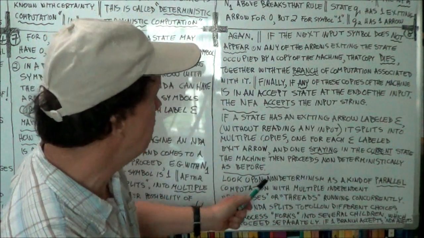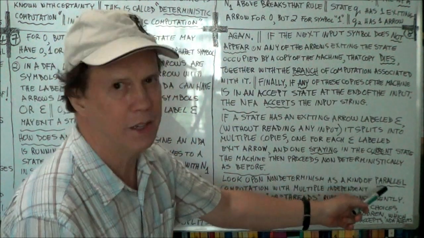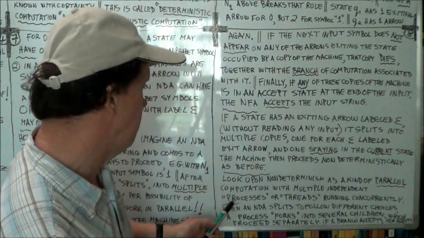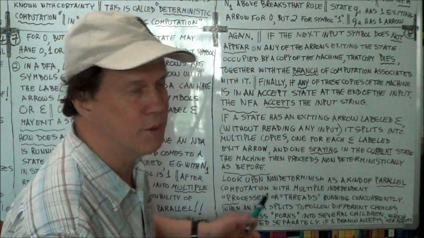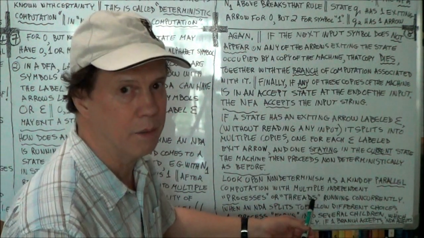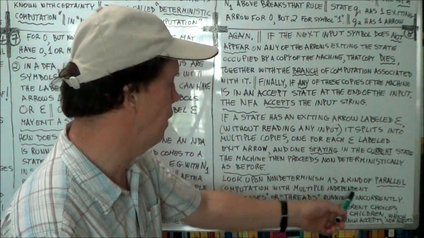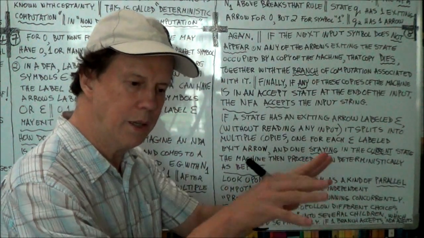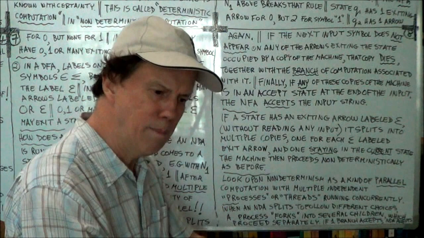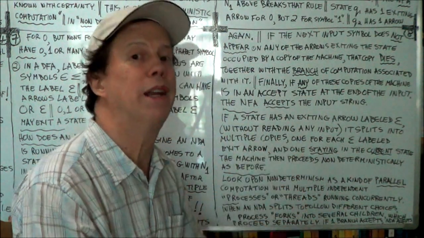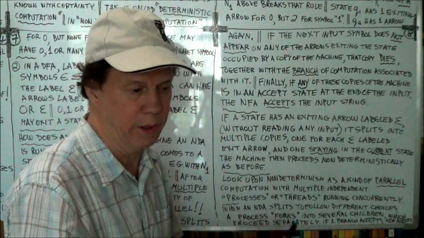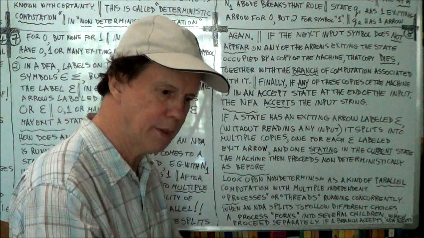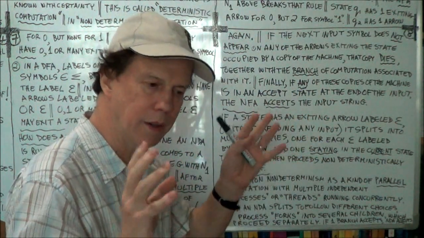So look on non-determinism as kind of parallel processing, like a parallel computation. What I've been calling branches, you could call a process or a thread. Parallel computing people tend to use the word thread. These threads or branches or processes are all processing away in parallel, at the same time, independently, until one of them, hopefully, accepts. And the moment that happens, the whole NFA accepts.